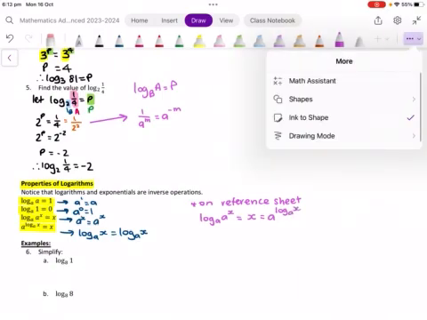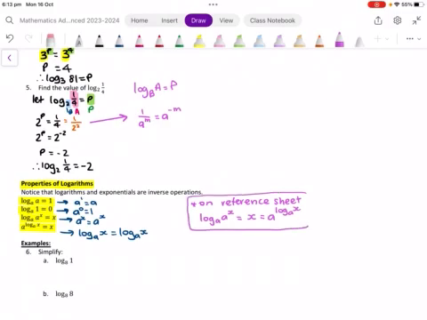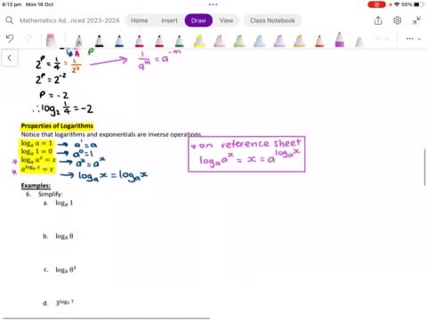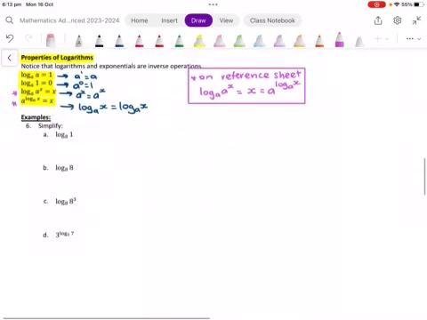So we have these two, 1 and 2, on our reference sheet, but just because they both equal x, it is written in this form. Okay, so we are going to have a look at some examples now using these properties.